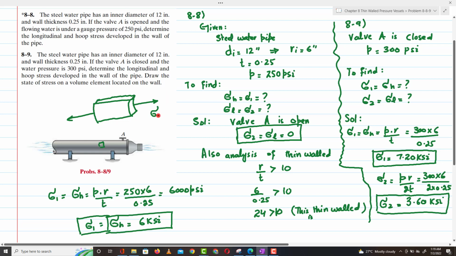It is sigma longitudinal, equal to sigma 2, and that is equal to 3.60 ksi, while your hoop stress will be in this direction. That is equal to sigma 1, which is equal to sigma h, and that is equal to 7.20 ksi.